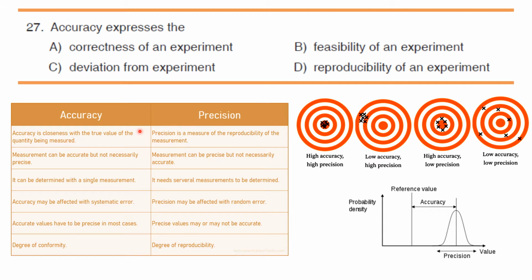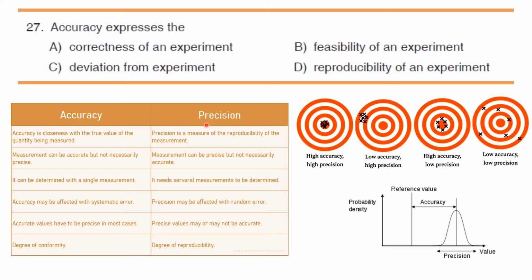Suppose another person is measuring with some other experiment, or maybe the same person is measuring with the same instrument. Then he finds that the length is only 4.8. So then we can say that there is an error of 0.2 centimeter.